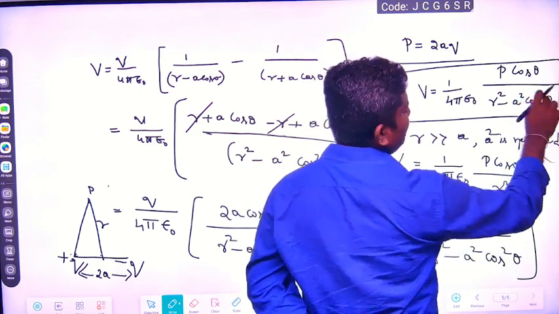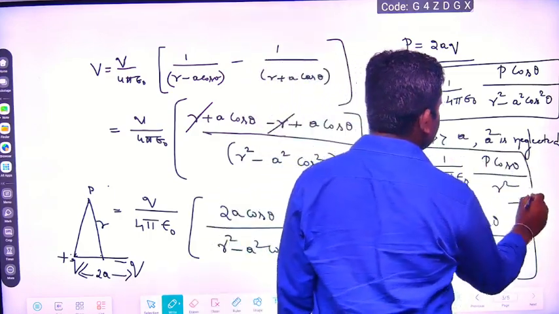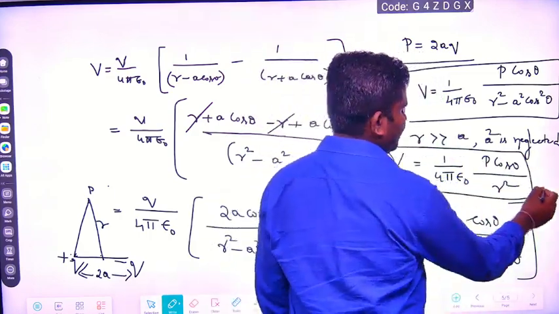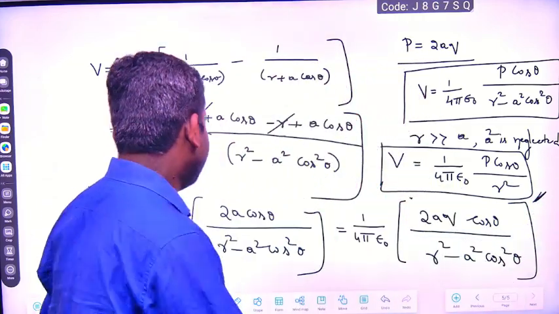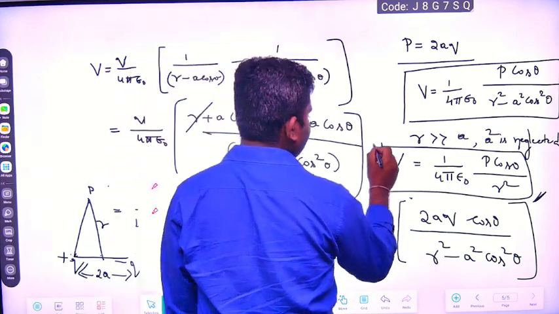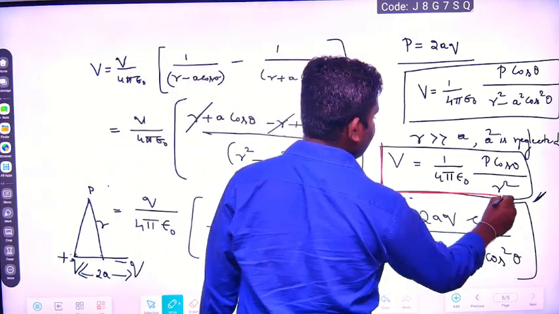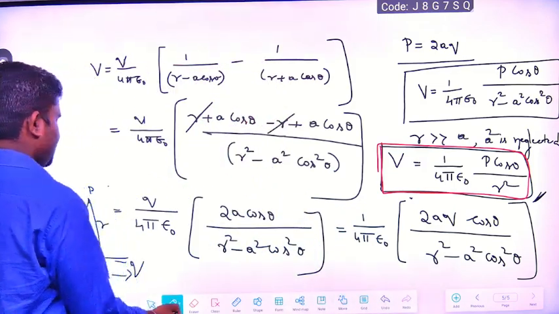This is the total potential due to the dipole at the general point. Please take it down with the pen. This is the final answer.